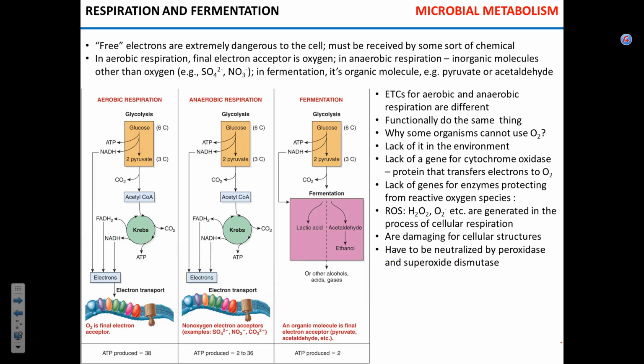We're going to overview respiration and fermentation, and we'll take a break then. Respiration and fermentation. Essentially every type of metabolic pathway that produces energy is dealing with high energy electrons.